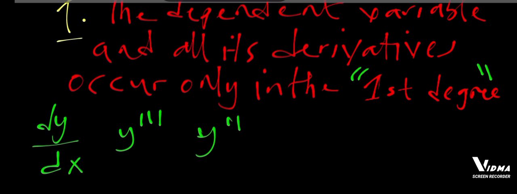But when it becomes something like y prime power 3, it will be in the third degree, so I'm going to term that differential equation as non-linear. At the end of this video, I'm going to do some examples to clarify some things.